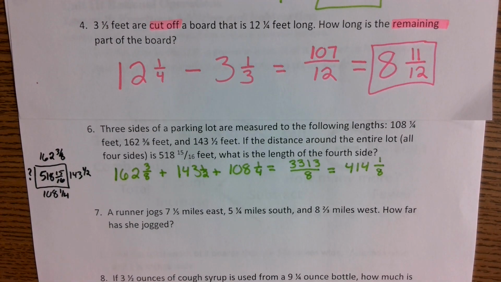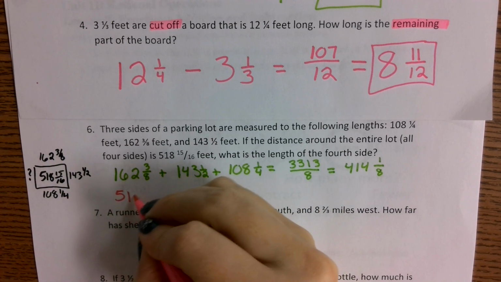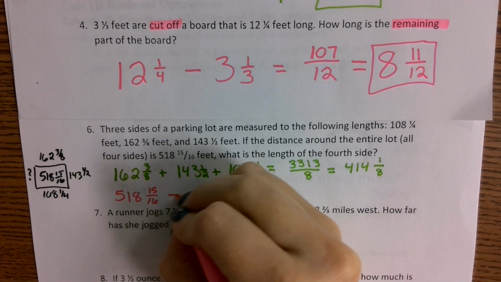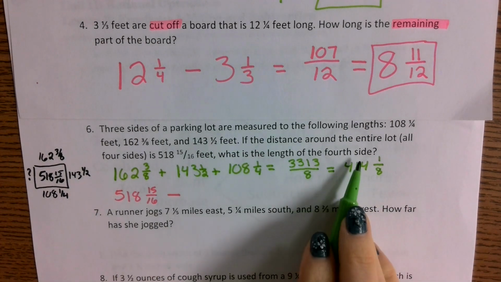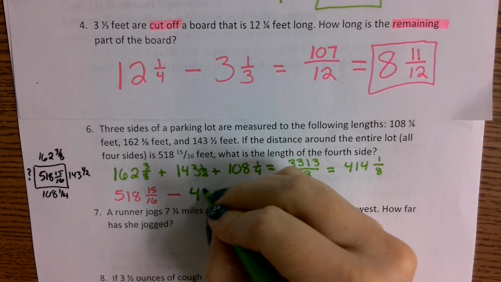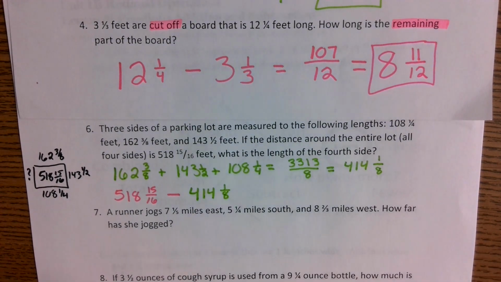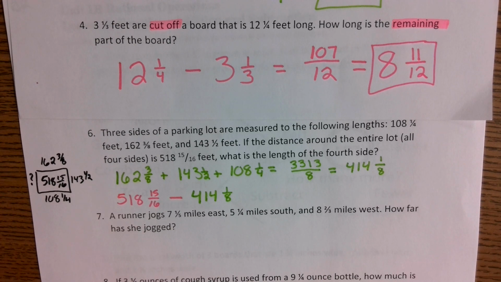She then says that we're going to take the total, 518 and 15/16, and we're going to subtract that sum that we got. We're going to subtract that 414 and 1/8. So let's do that now. Let's do 518 and 15/16, and we're going to subtract the 414 and 1/8.